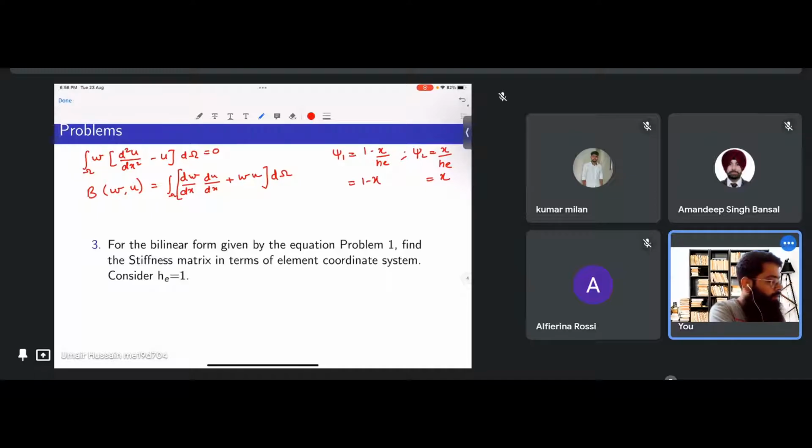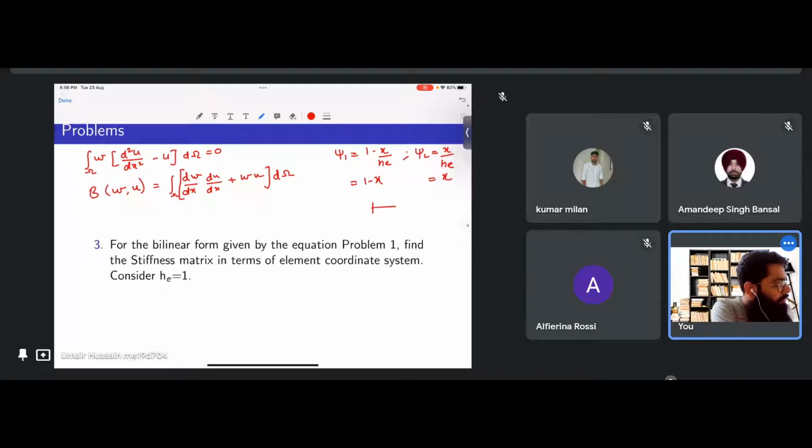Simple. So we basically consider the integral from 0 to 1, since x is from 0 to h_e, and h is 1 of course. So for our given element, this is our domain.